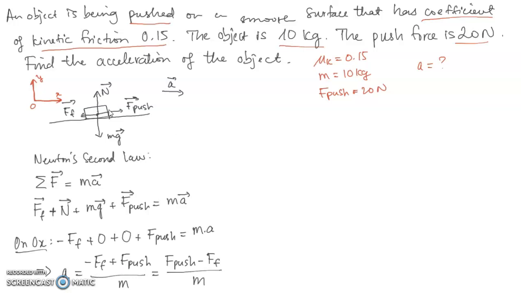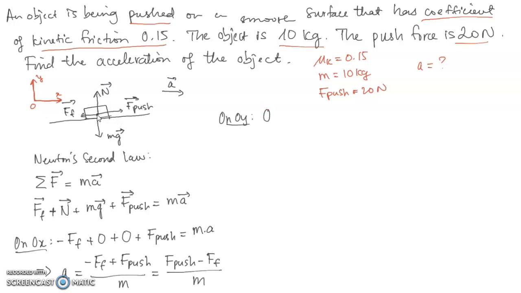Here you can write on the OY axis. F friction is perpendicular to OY, right? F friction is going on the horizontal, and OY is the vertical. So these are perpendicular, and F friction will be equal to 0.